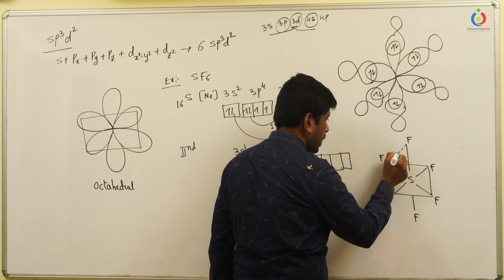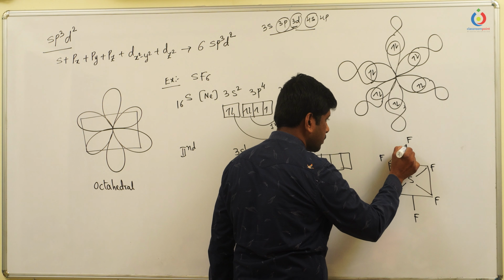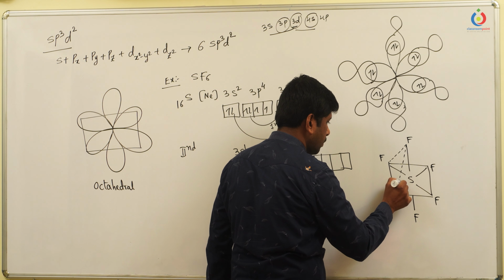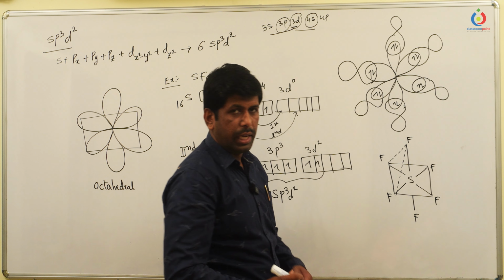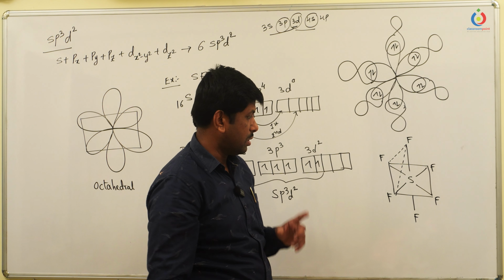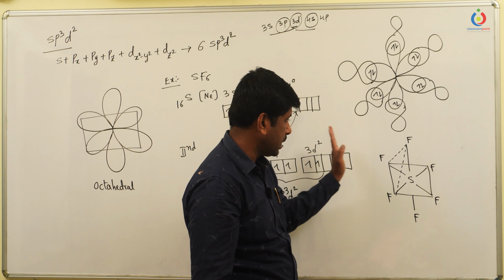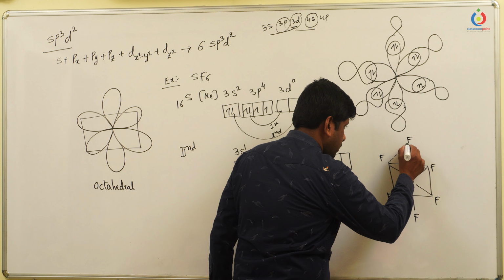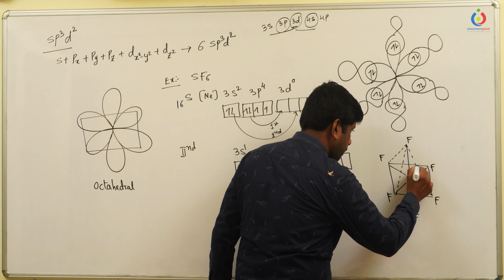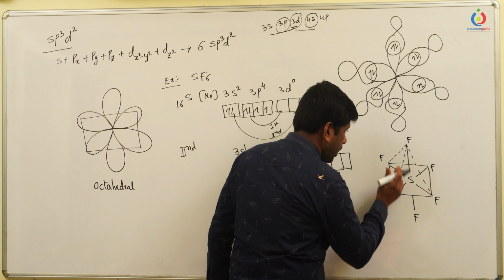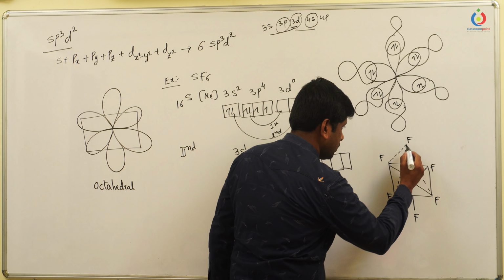If you connect like this here, octa means 8, hedral means faces, eight faces. So here one face is present, left side. Similarly, when you connect, you will get one front face.